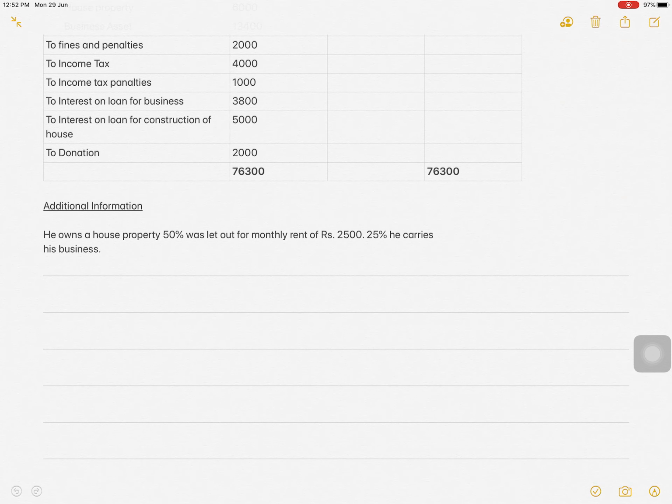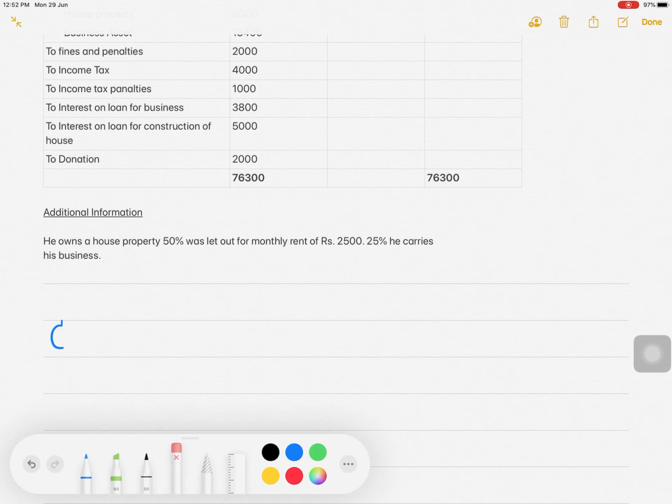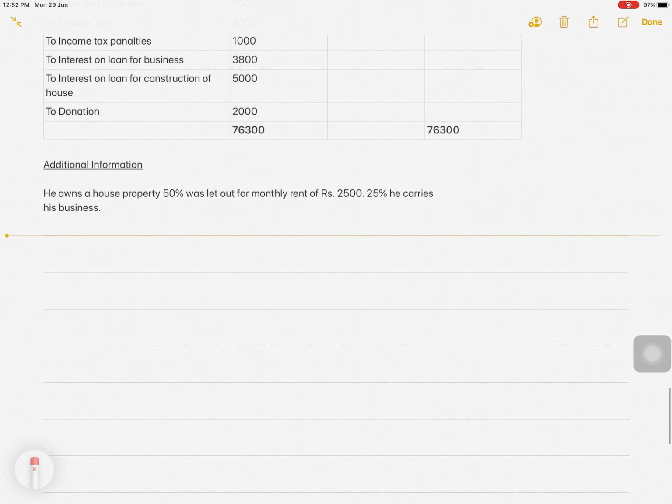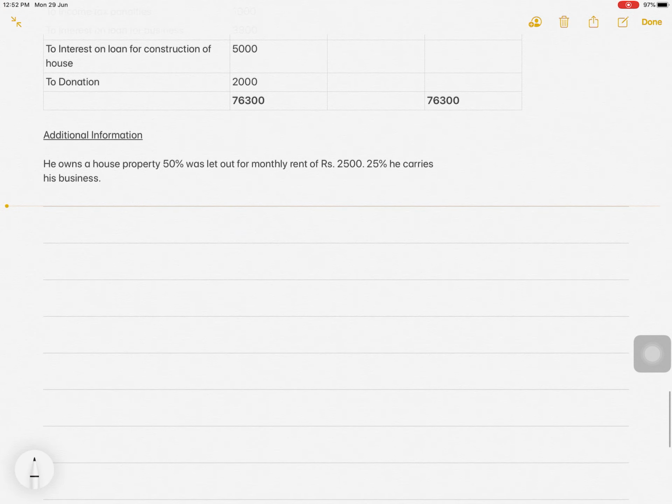Write down computation of income from business.